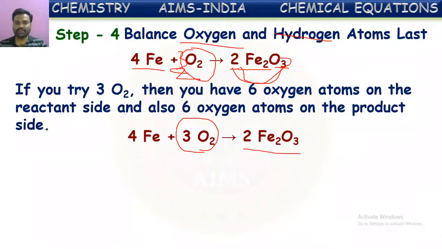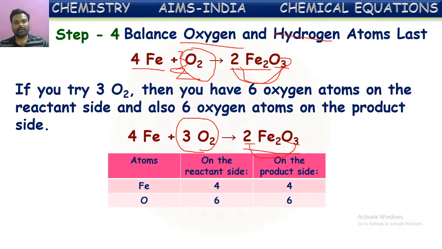And on the product side, what is the number of oxygen atoms? In each molecule there are 3 oxygen atoms. If you multiply that with the coefficient 2, we get the total number of oxygen atoms on the product side. Total it is 6.